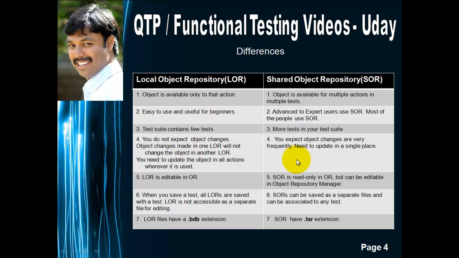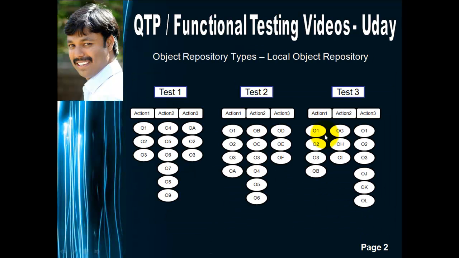But there are projects where the developers will change the objects very frequently. During that time, it is better to go for a shared object repository. As I explained earlier, for example, if this object has to change, you need to open each and every test, each and every action, and update all the places where you have this object.